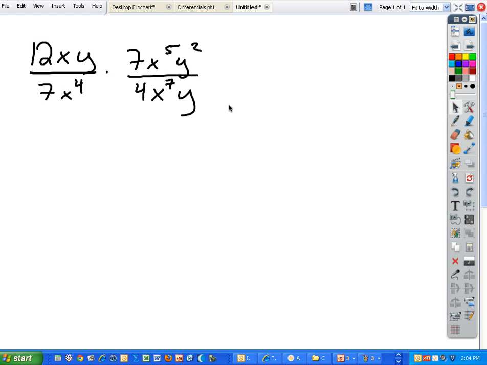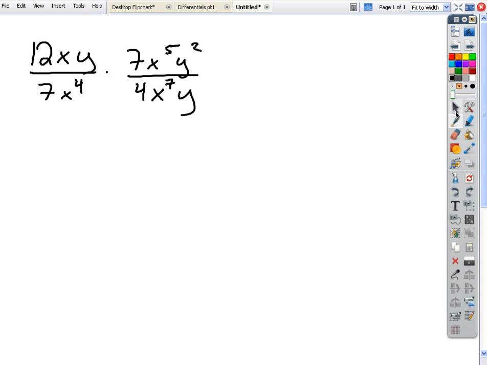It would work, but wouldn't it be easier to cross-cancel and reduce these things before we get to this huge fraction? Do you see some reduction that we could do?